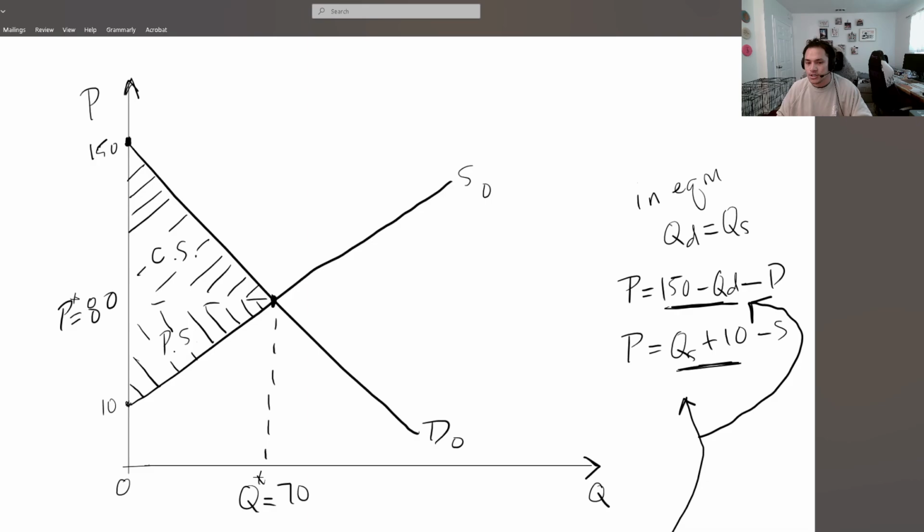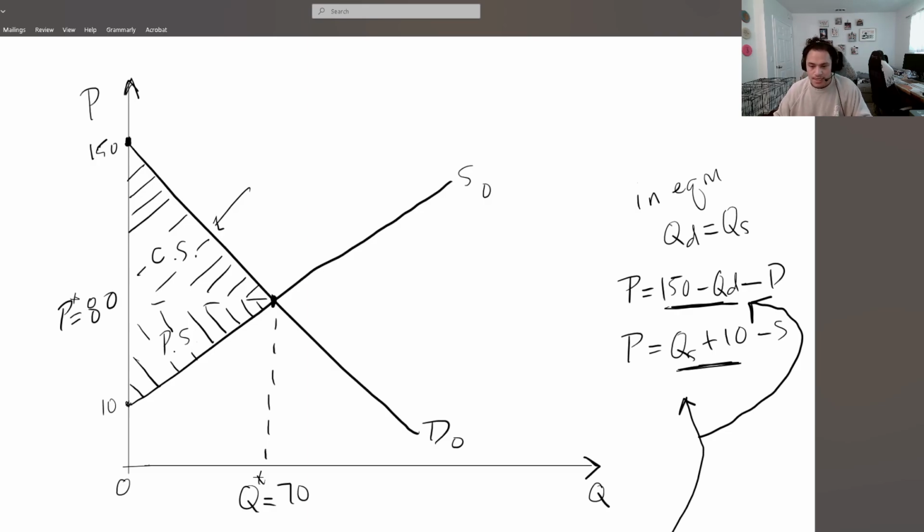So they're gaining the additional surplus there. Now this surplus is an area, and so we can actually calculate the dollar amount of additional surplus gained by consumers and by producers. In order to do that, all we need to do is calculate the area of this triangle.